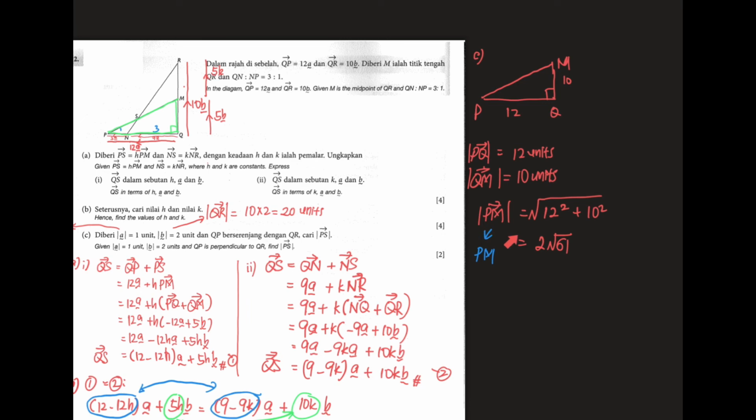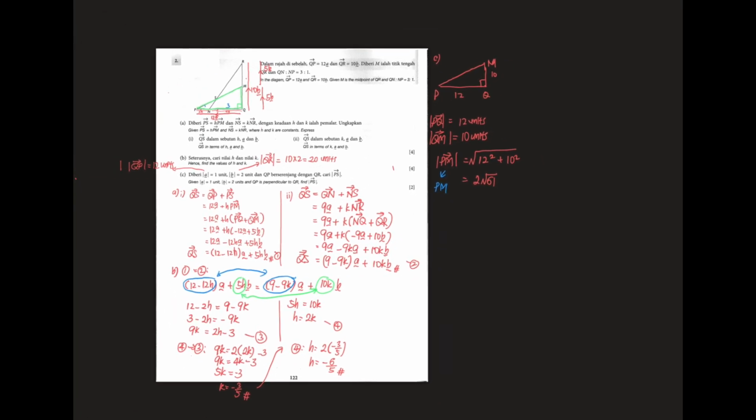Okay, now once you get PM equal to this length, how to find PS then? What we can do is make use of the information that we found.